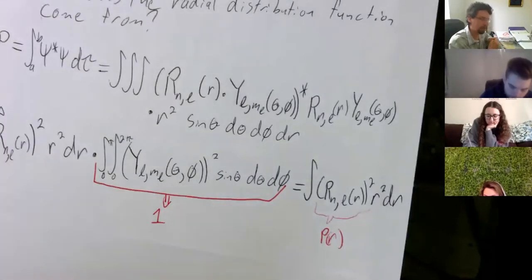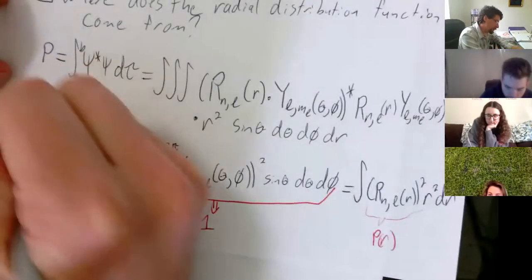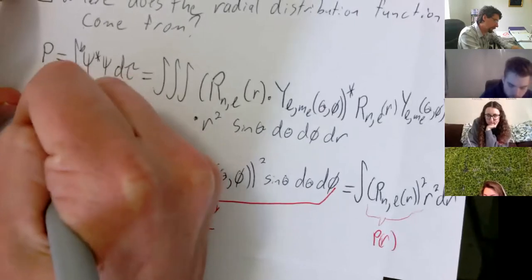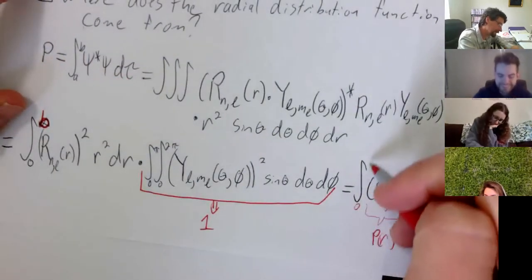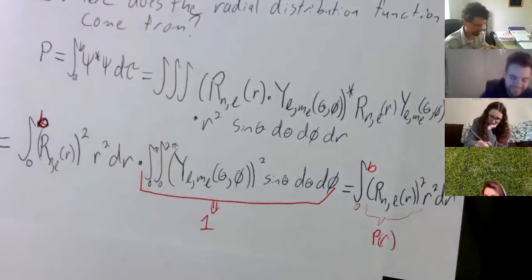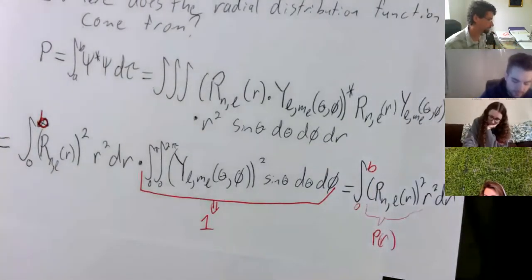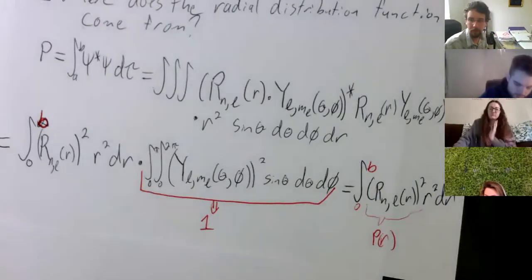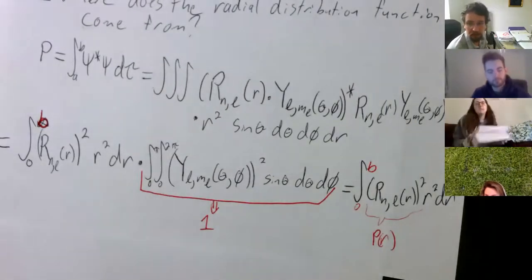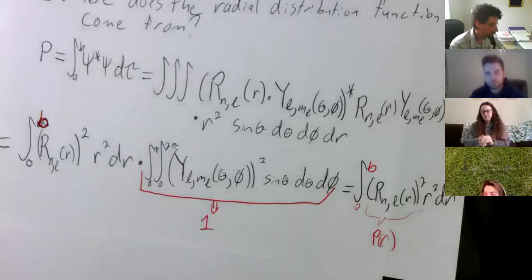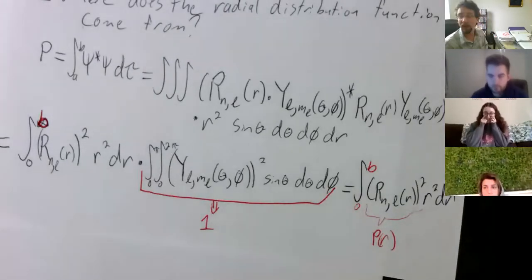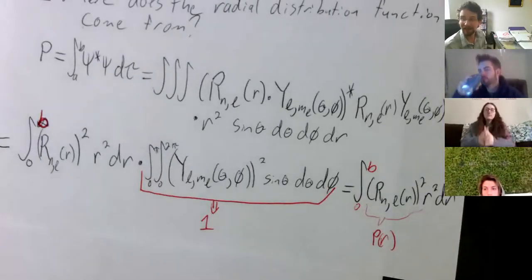We probably should have gone to some arbitrary number so that it didn't equal 1, so we'll say from 0 to B. Wouldn't it just be 2 a naught? It isn't the most probable, it is the probability. We're going to see an example where that is a naught.